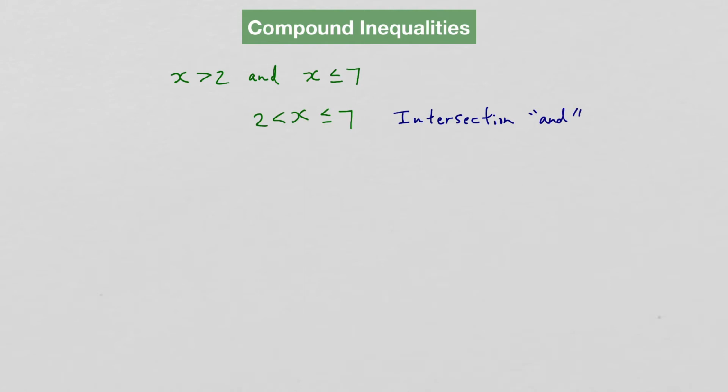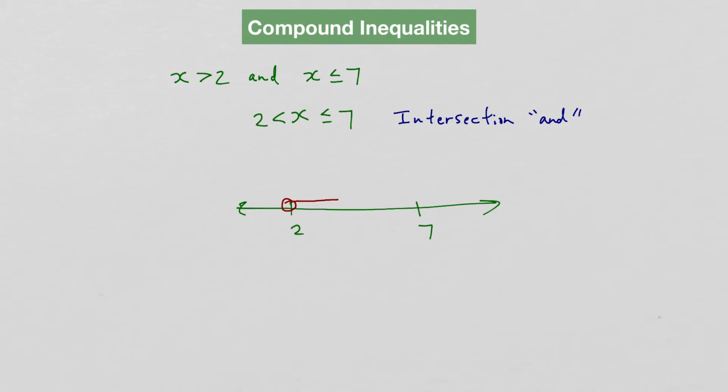And to graph this on the number line, it would look like this. We would have an open circle at 2 because we're not allowing x to equal 2. It has to be greater than 2. Okay, we're going to move in this direction, greater than 2. And I'm going to stop there because this is an intersection.